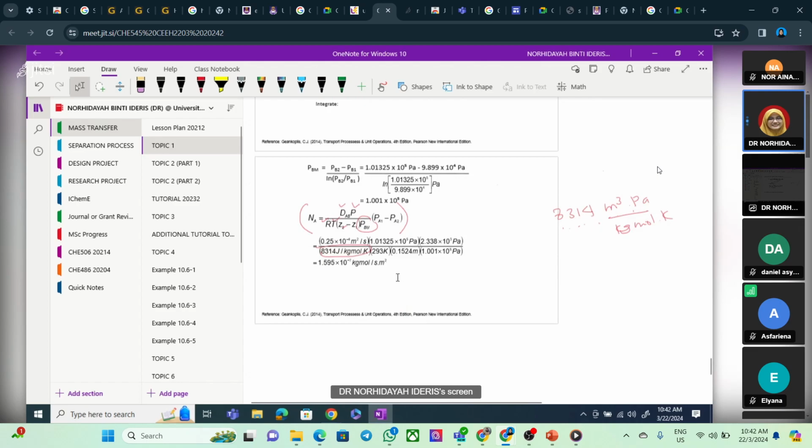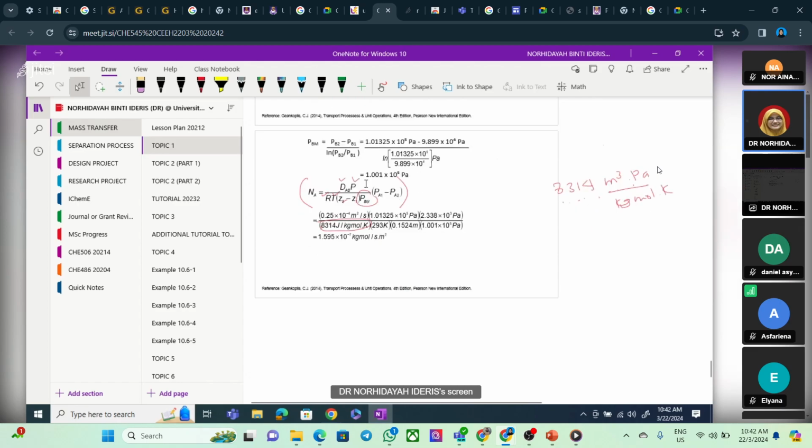So this is the good practice, right? You can see here that it puts the units. Okay, so I would like you to have this kind of thing inside your assignment. Okay, nanti dalam midterm assessment letak unit dia, meter square per second, and then darab dengan total pressure, 10^5 Pascal. Lepas tu darab dengan apa? Darab dengan total pressure. Okay, and then unit di Pascal juga.